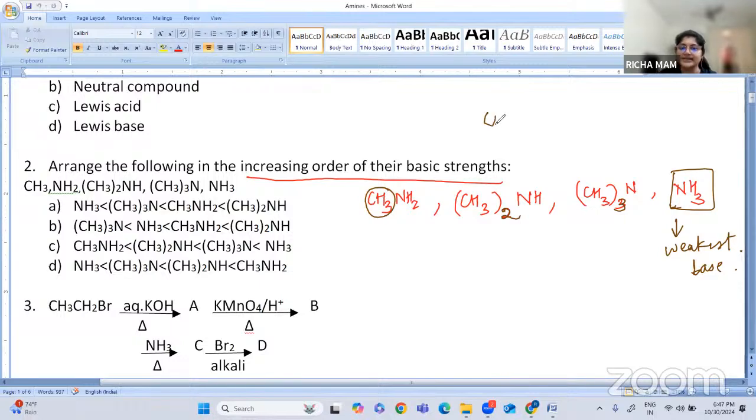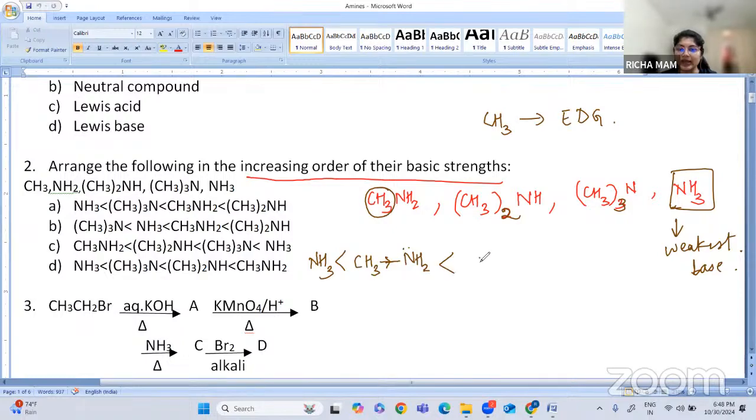Methyl group is an electron donating group. So first will be ammonia. Then one methyl group will donate electrons, so the basic strength is a little more as compared to ammonia.